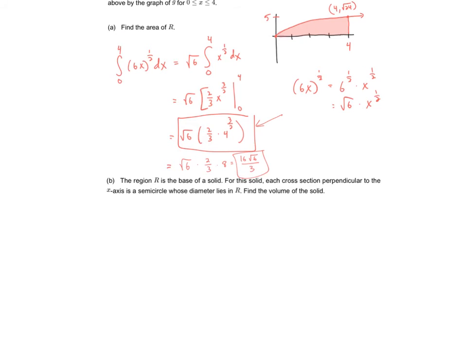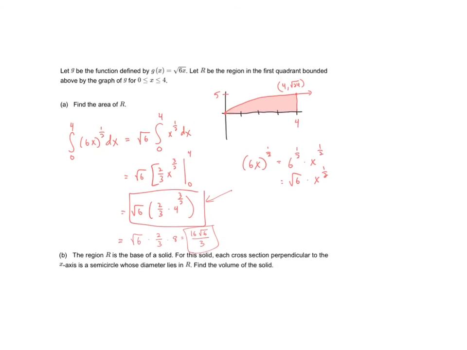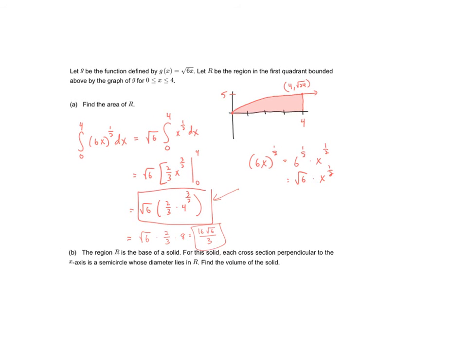Okay, part B. Let that same region be the base of a solid, and for this solid, each cross section perpendicular to the x-axis is a semicircle whose diameter lies in R. Let me duplicate this real quick and bring it down.